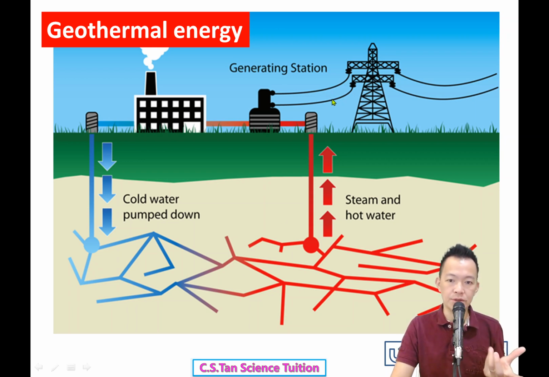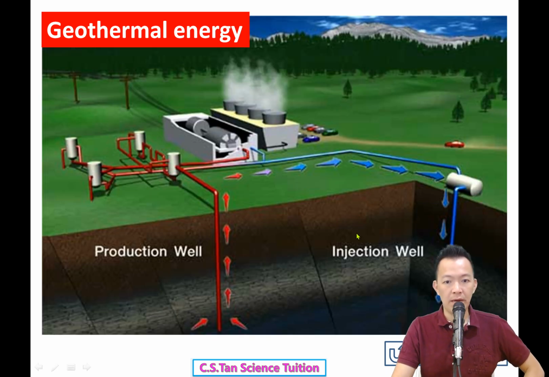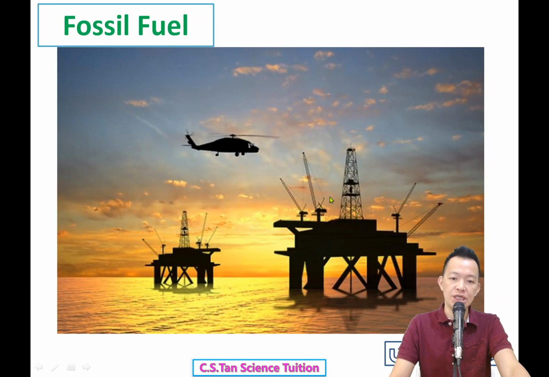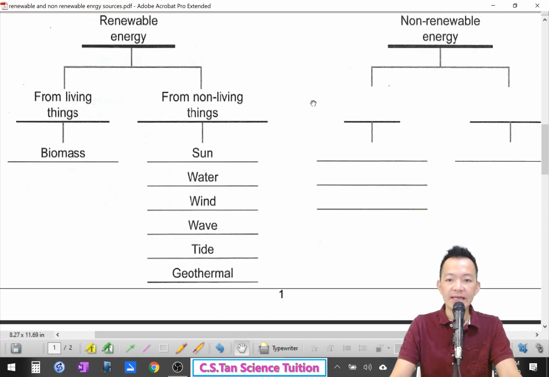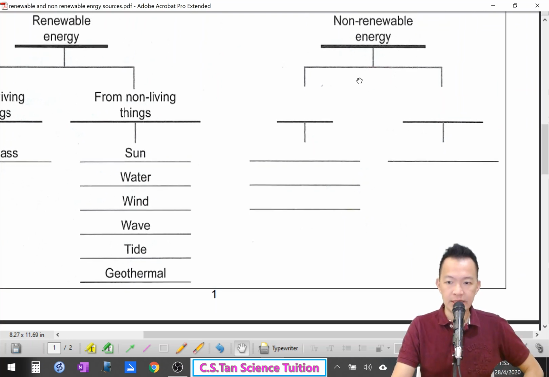Steam turns the dynamo, 水蒸气转动发电机. Okay, so this is geothermal, but not available in Malaysia 啦. 冷水 pump 下去, 在地底下被加热, 对不对? And becomes hot water, becomes the steam, turns the dynamo, generates the electric. 这种叫 thermal energy. OK, 用地底下的热能来发电, 也是一种能源.